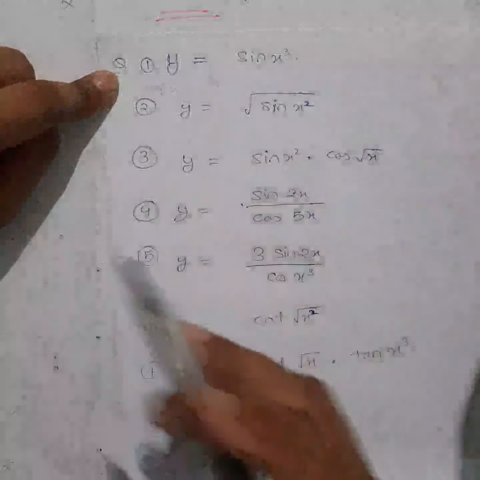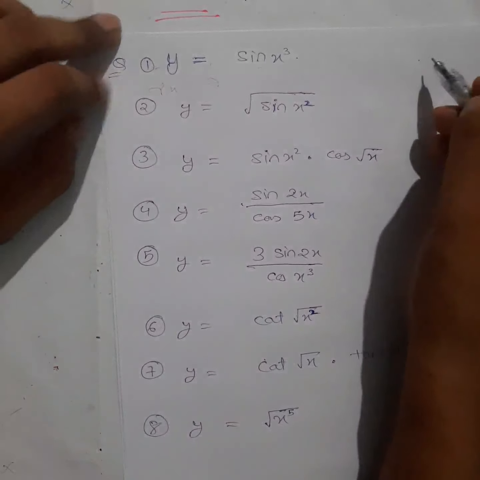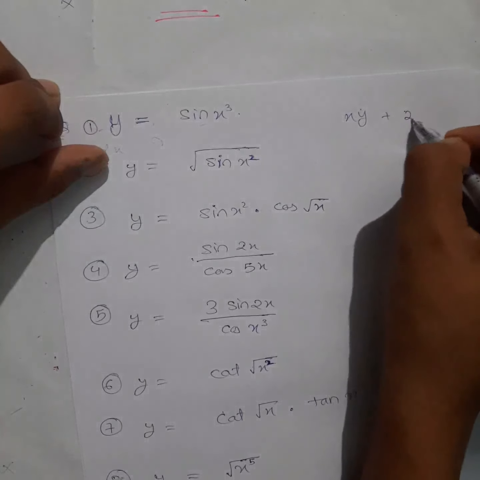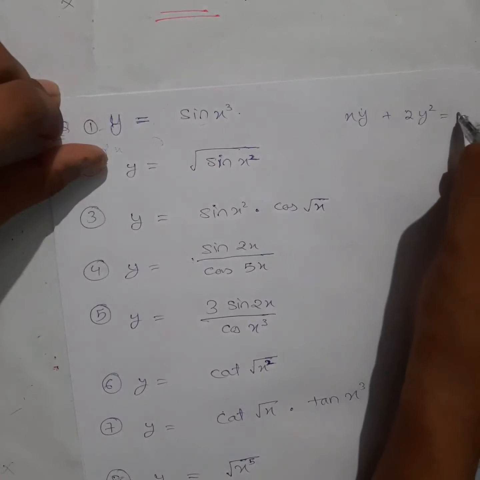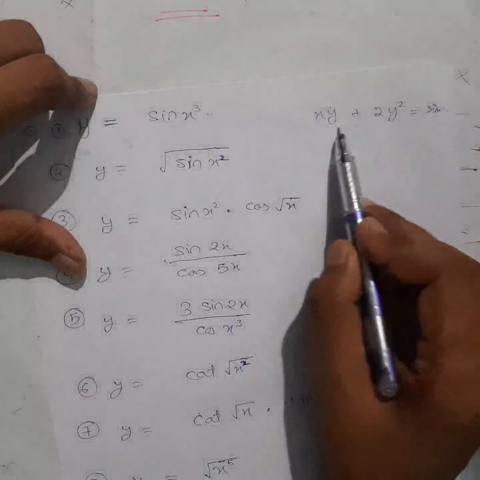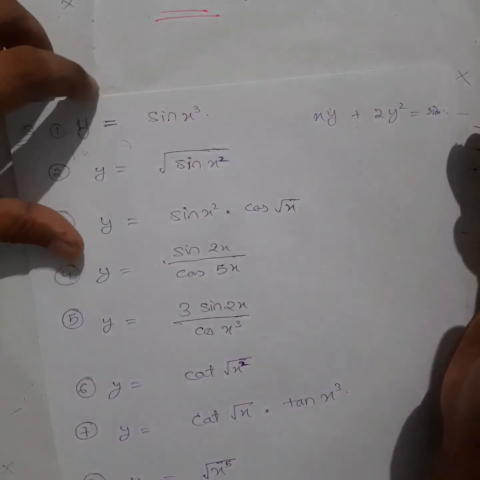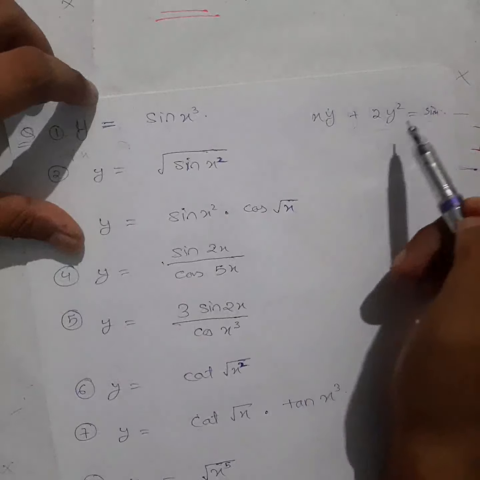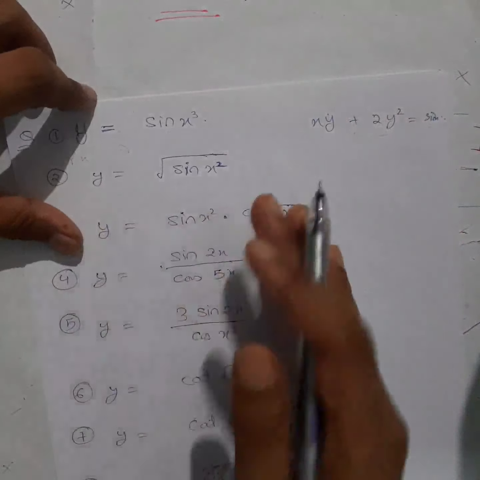But in the next exercise some question will be like this: xy plus 2y square is equal to, say, sine x, something like that. Now in this case, can you separate y alone and bring x to the other side? You can't do that, right?